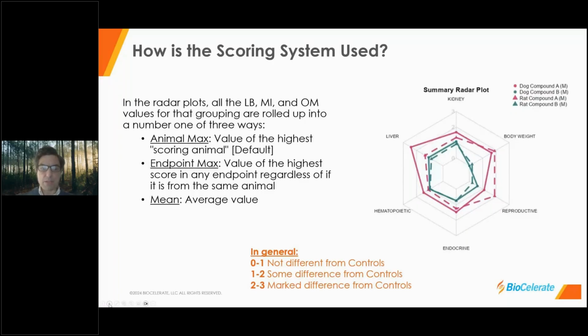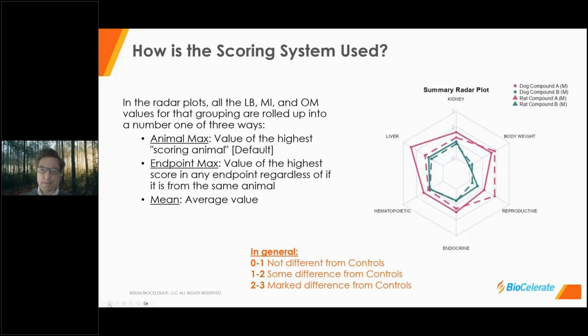One is by using the animal max values from the previous plots to be averaged, to be combined together to make the spoke for here, or using the endpoint maximum, regardless of whether it's from the same animal or not, or just the average.